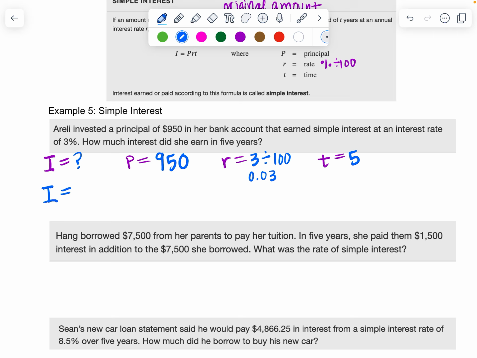So interest equals principal times the rate times the time. And if you put all that into your calculator, you would figure out that the bank gave her an extra $1,425 in interest. Nope, not $1,425, just $425 in interest.